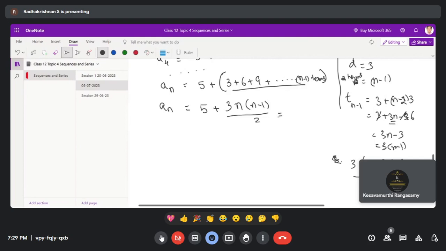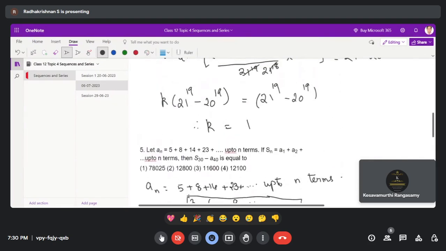So an is going to be 3n square minus 3n, plus 5.